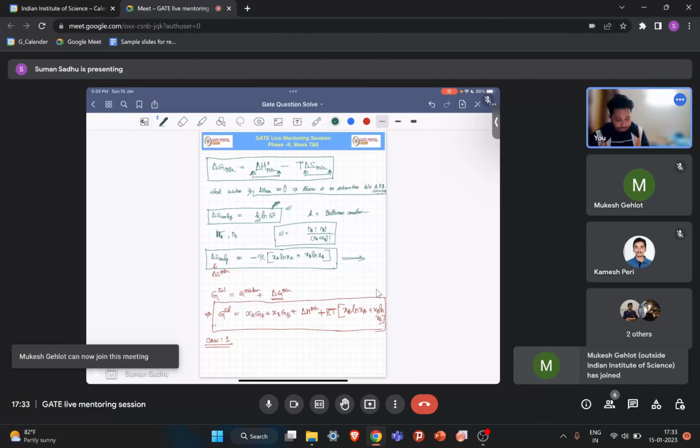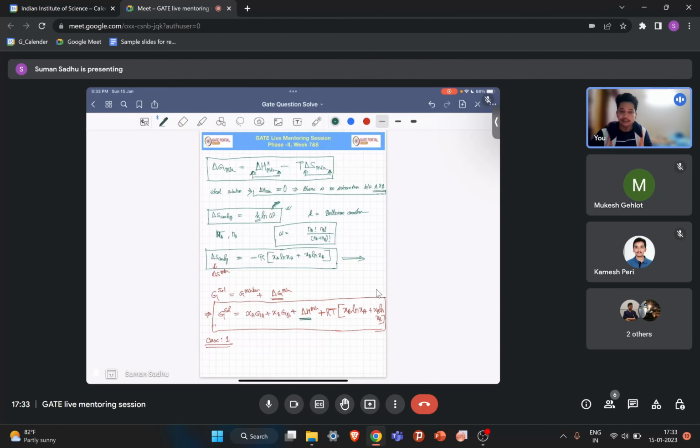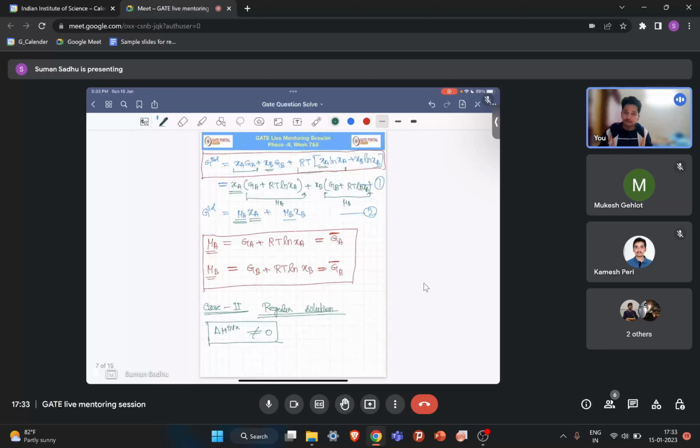If delta H mix is not equal to 0, then you also have to consider the delta H mix value in your equations. If you consider the regular solution model, there is one approach called the quasi-chemical approach. Using this approach, we will find out the delta H mix value. So now let us move on to how to calculate the delta H mix considering the regular solution model.